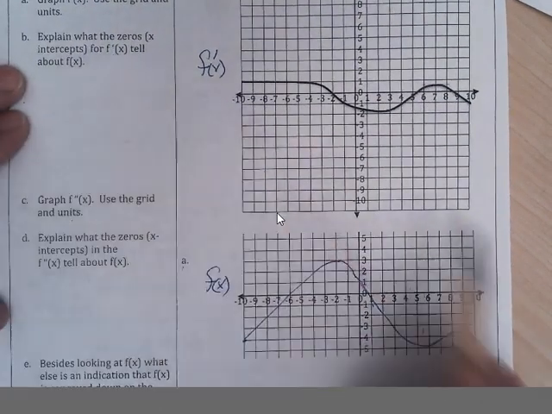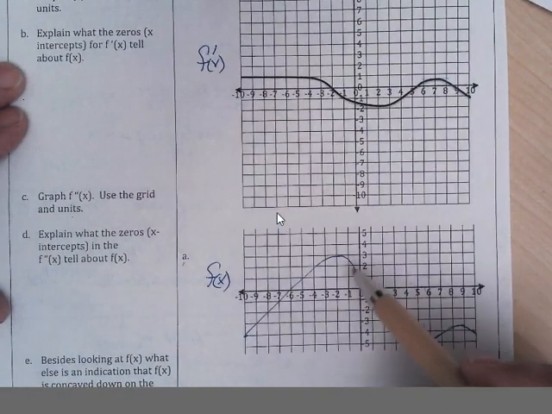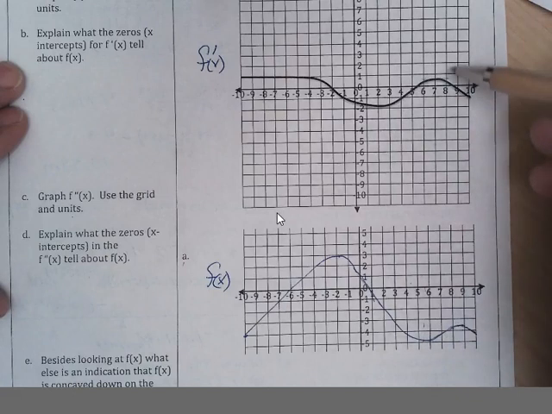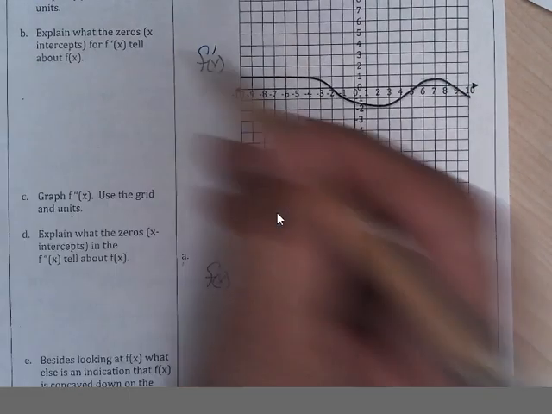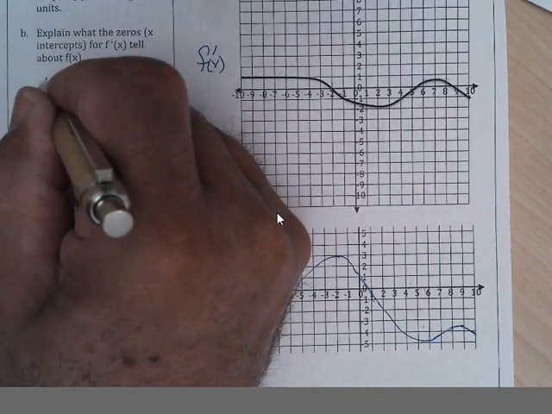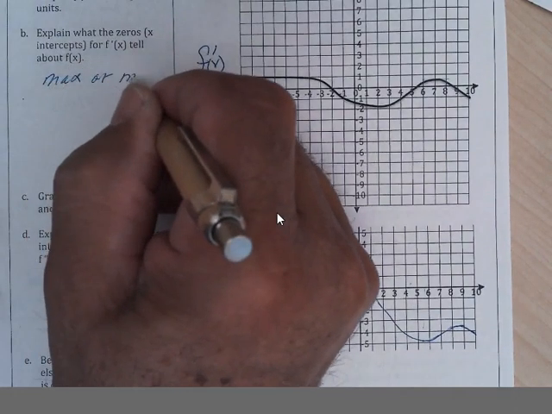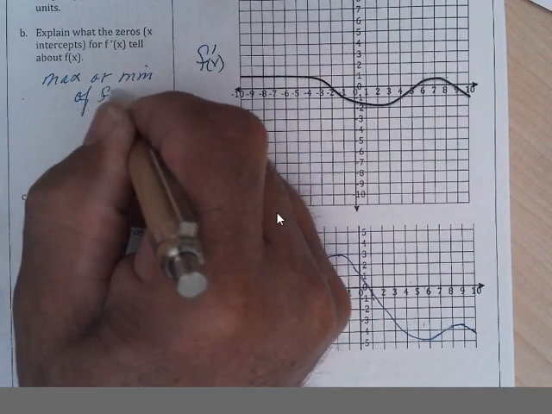What did the zeros on f prime tell us? Well, this 0 tells us we're at a max. This 0 tells us we're at a min. This 0 is telling us we're at a max. It could be something else, but in this case in particular, it's a max or min of f of x.